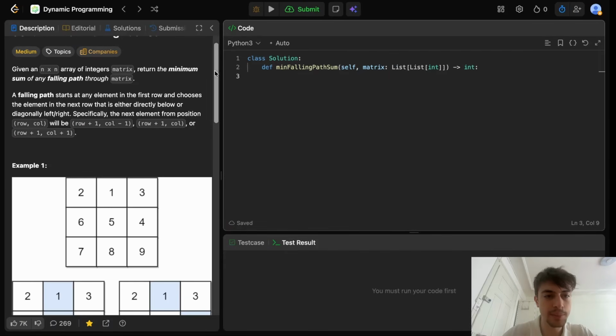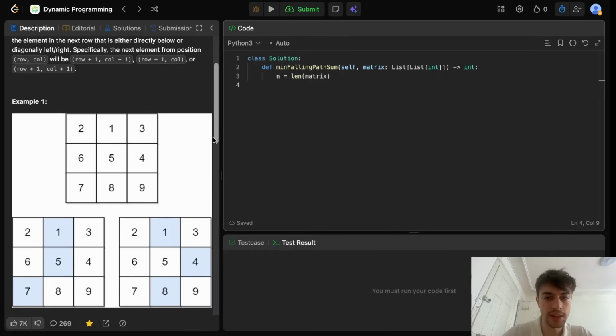So we have a matrix n times n. Now we can say n is equal to the length of the matrix. Then for i in range(1, n), because I want to skip the first row since we already have those values initialized.